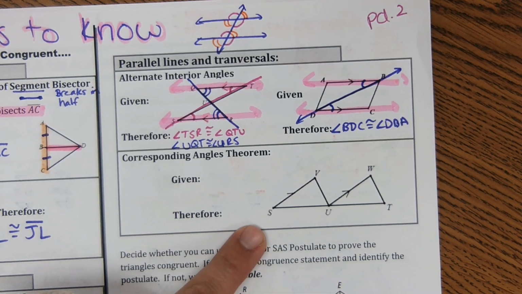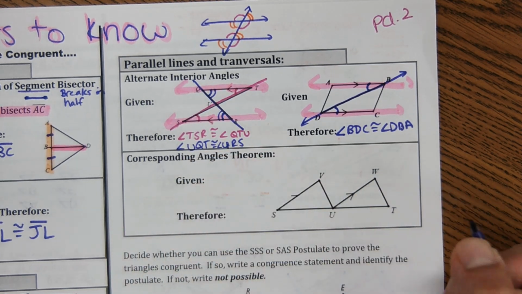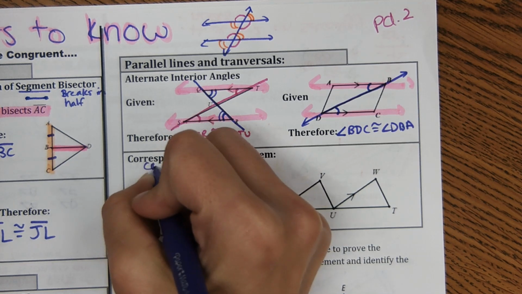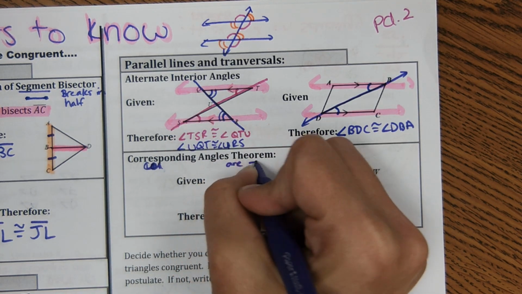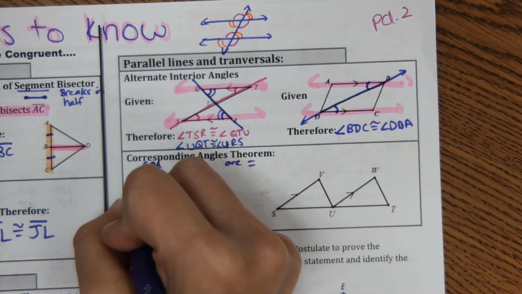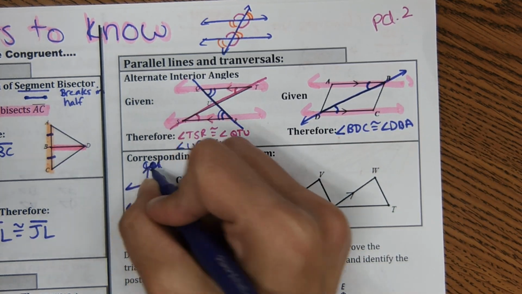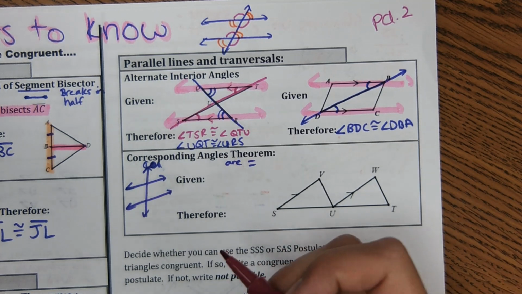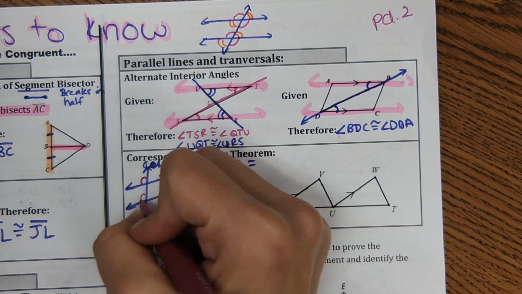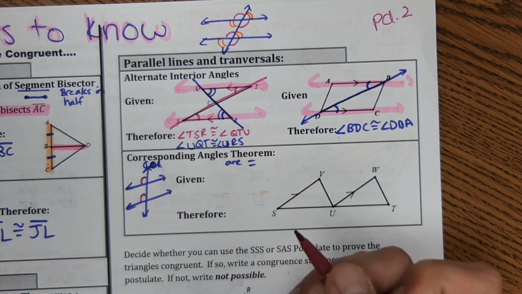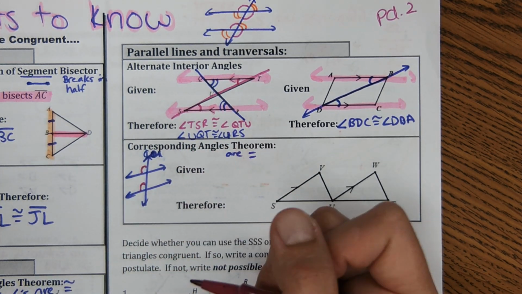Okay, then here, corresponding angles theorem. Corresponding angles are equal. So what are corresponding angles? Just to review, when you have parallel lines and a transversal, these would be corresponding angles, like this angle and this angle right here. There are a lot of different corresponding pairs, but this is one example.